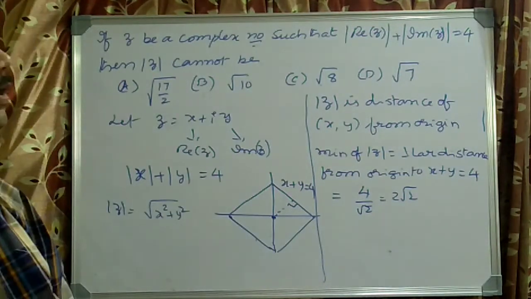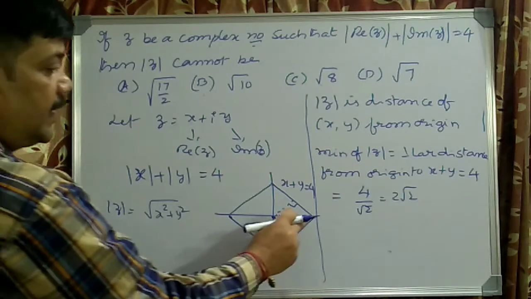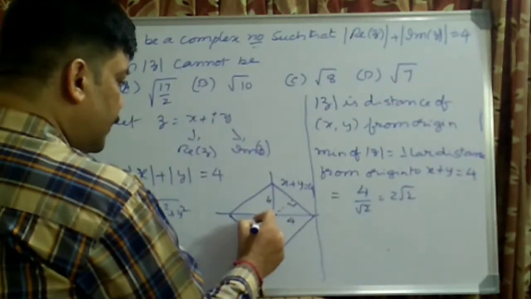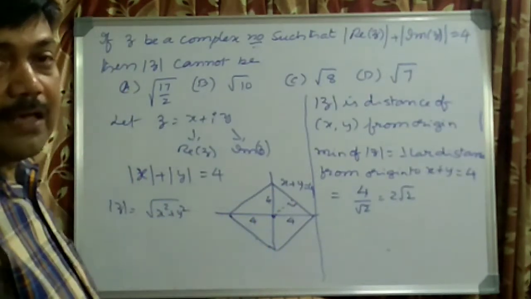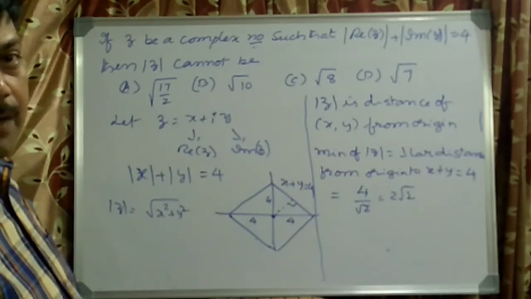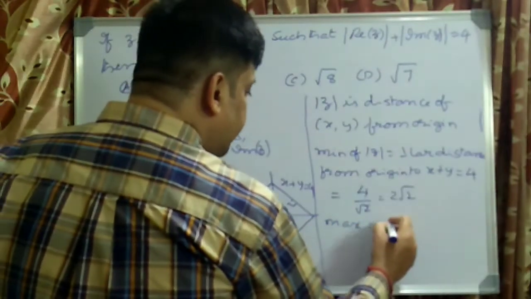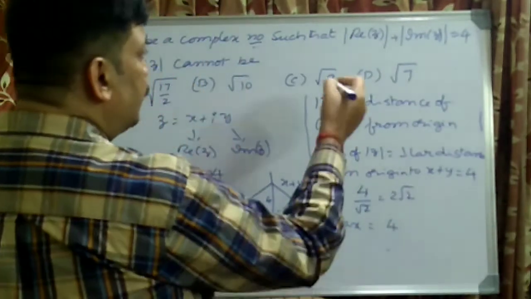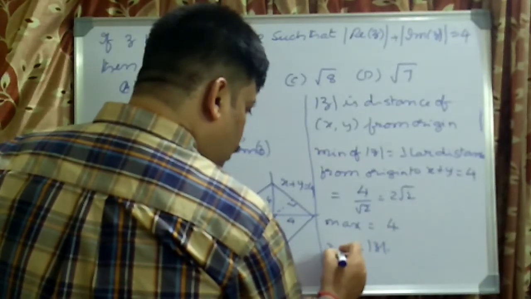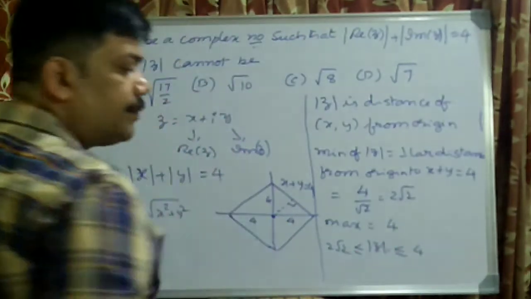Now how can I calculate the maximum distance? Maximum distance is nothing but the intercept only. You can see this intercept is 4, this intercept is 4. For every line, the x-intercept as well as the y-intercept is 4 only. So here maximum value will be 4. So mod z lies between 2 root 2 and 4 with equality.